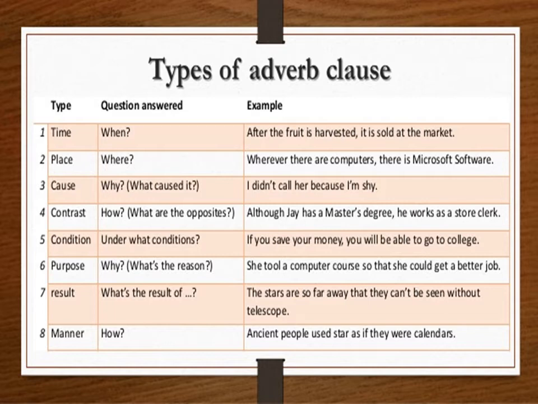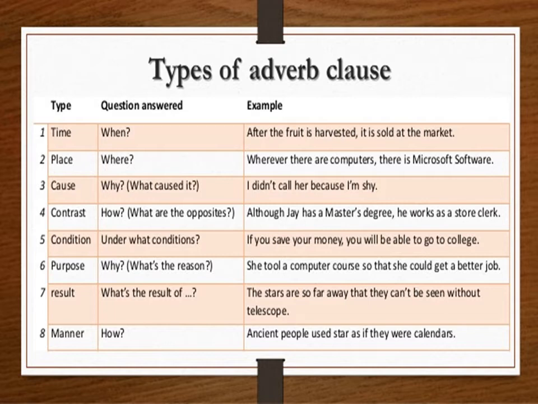Number 7, result. This is to answer what's the result of. The stars are so far away that they cannot be seen without a telescope. The main clause is the stars are so far away. And then the adverb clause of result is that they cannot be seen without a telescope.